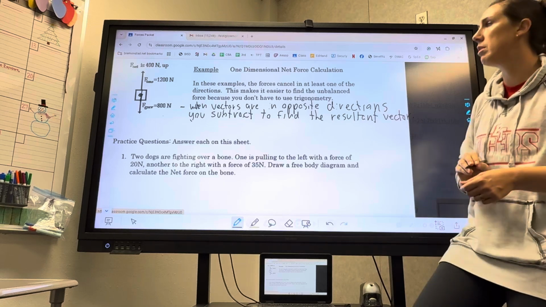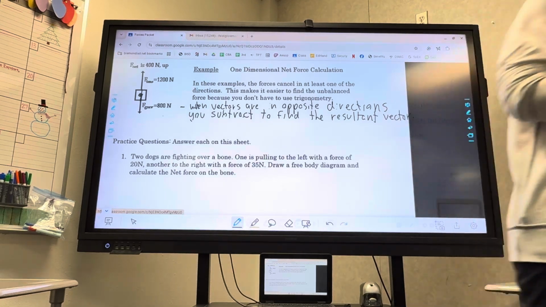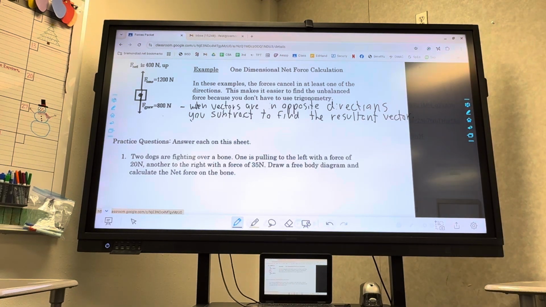Okay, the resultant vector. We got 2 more notes, so when vectors are in opposite directions, you subtract to find the resultant vector.